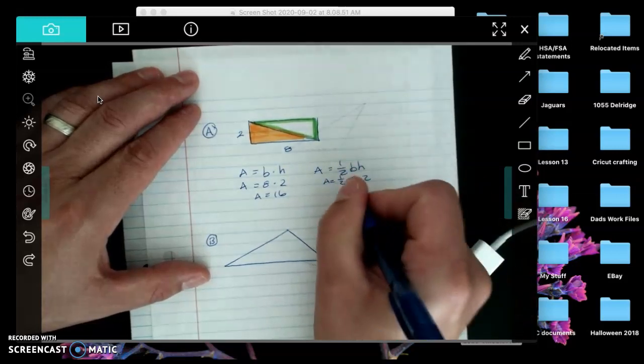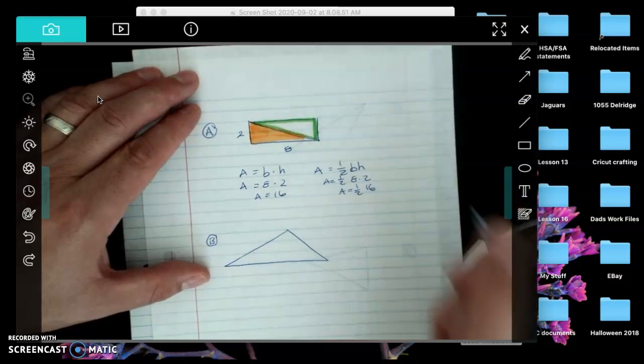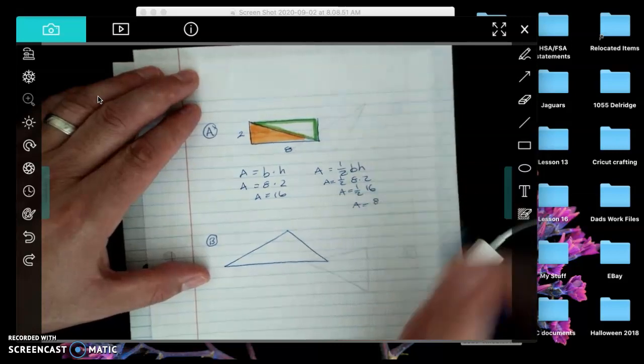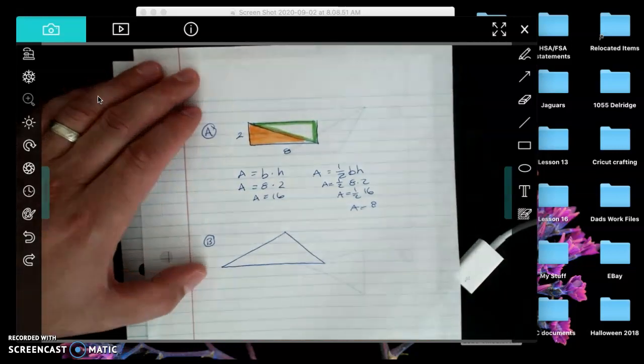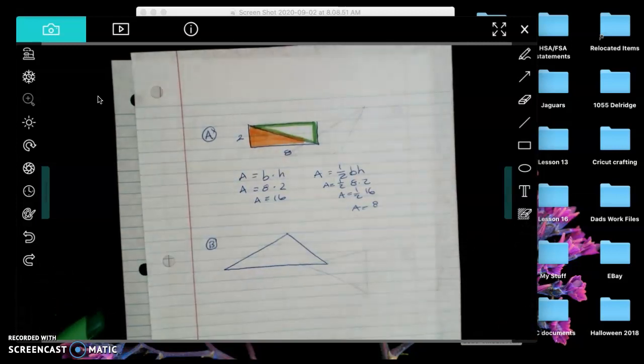You're taking half of what the answer is. Well, we found the answer was 16, right? 8 times 2 is 16. So my area is literally just 8. So we're not going to try to cut up the triangles and do all craziness like that. We're literally just working through the problem, trying to find out the area of the triangle.